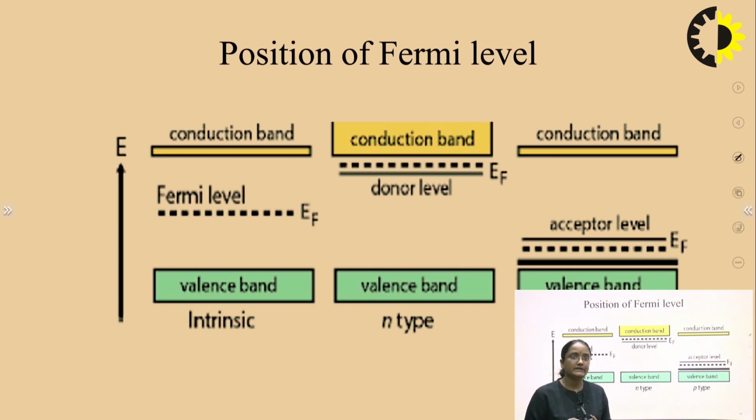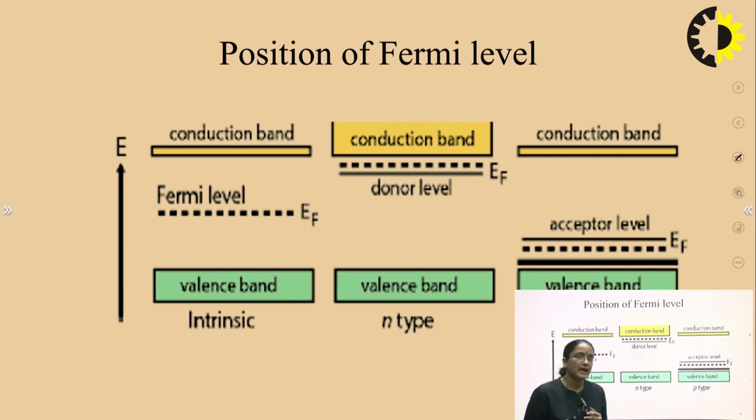Based on the position of the Fermi level, we differentiate intrinsic type and extrinsic type. In intrinsic type, as we see in our diagram, the Fermi level lies in between the conduction band and the valence band, that is, in the mid position of both the bands.